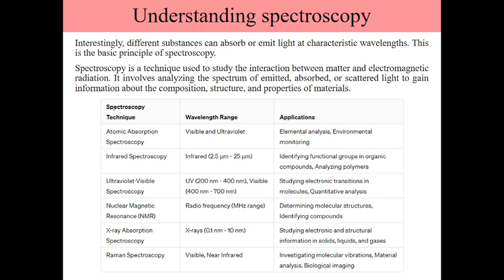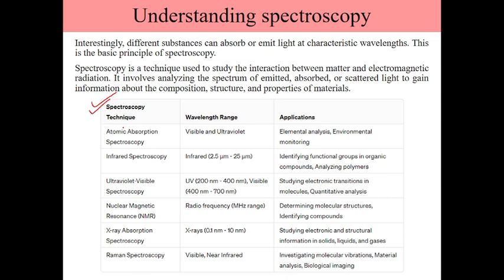So now this table lists out different spectroscopic techniques. So there are so many different spectroscopic techniques and they use wavelengths of different range and then they have various applications. So we will go through them briskly and then we will learn about the ones that we are more interested in this course. Okay.